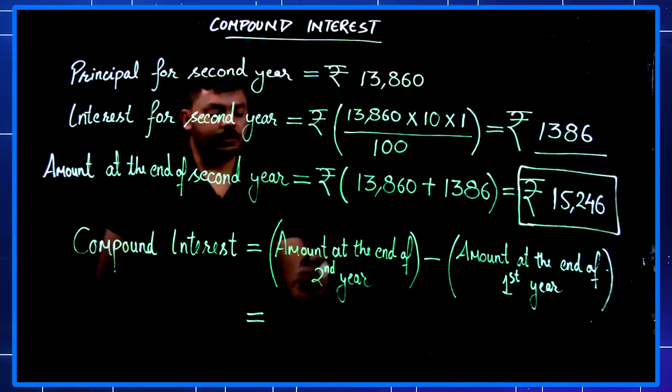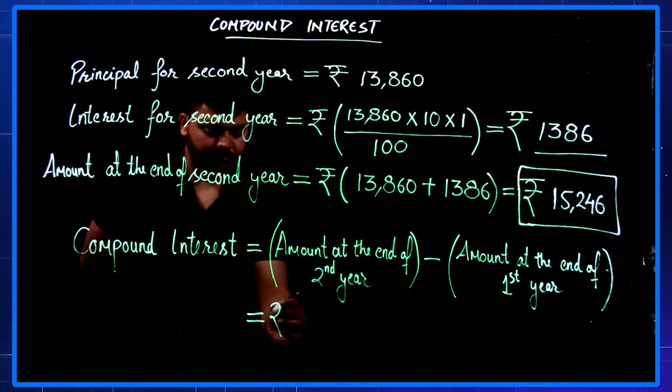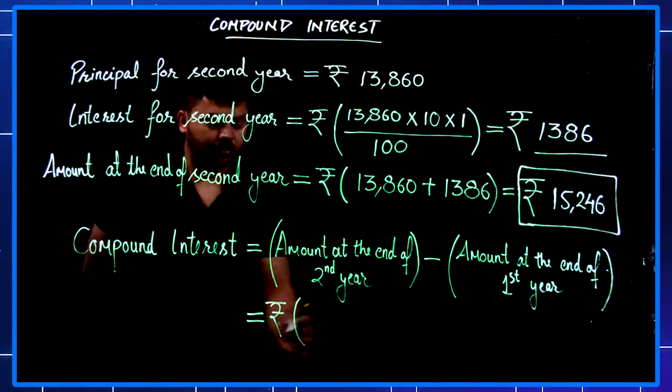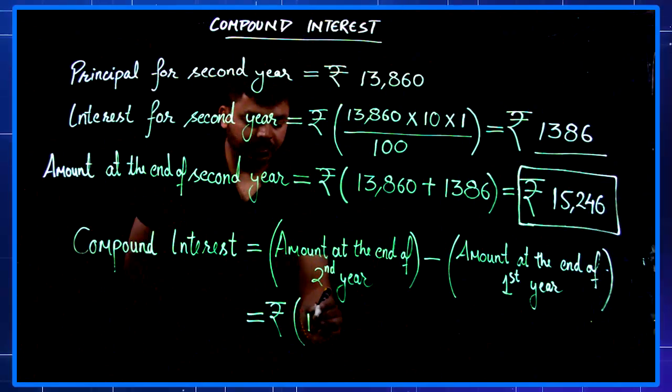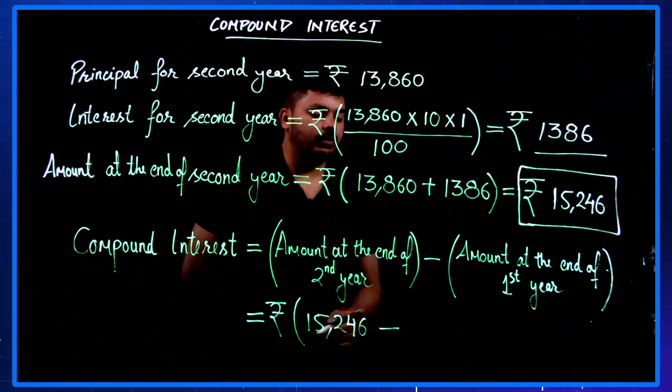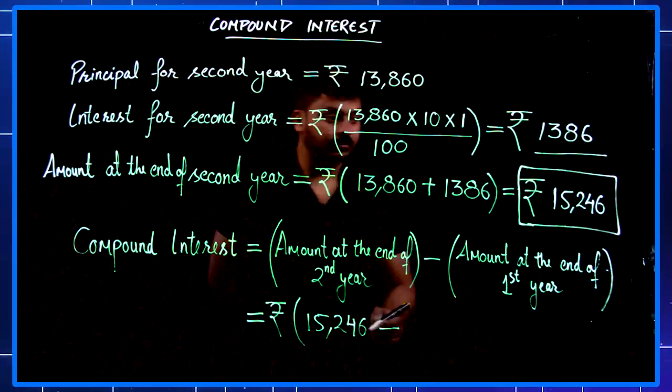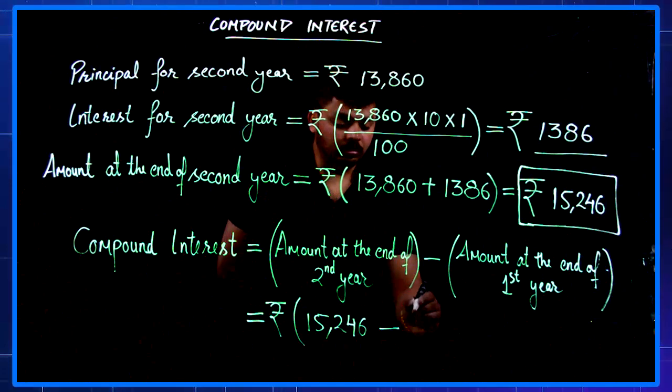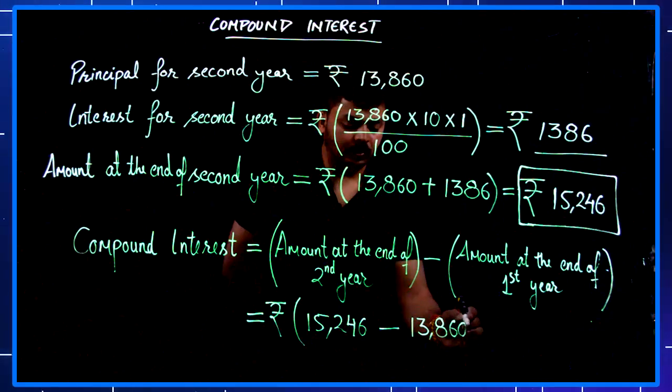So the amount at the end of second year is rupee 15,246 and the amount at the end of first year was 13,860, or this is also the principal for the second year.